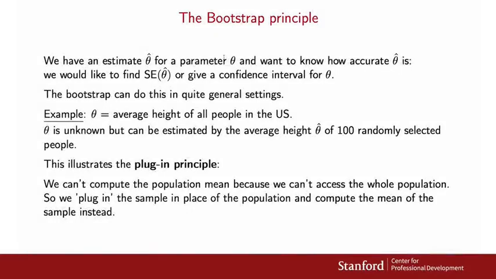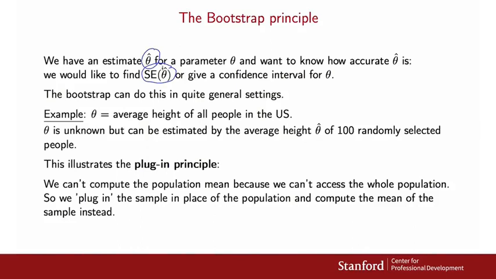The bootstrap pushes this a bit further. It makes it possible to use Monte Carlo sampling even in situations where I cannot draw as many samples as I wish. Let's look at a simple situation where I have an estimate theta hat, and I want to know what the standard error of theta hat is.